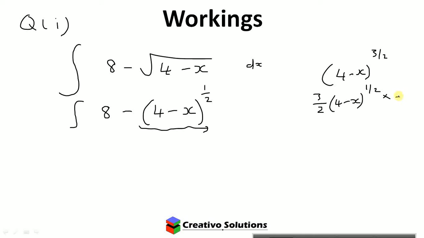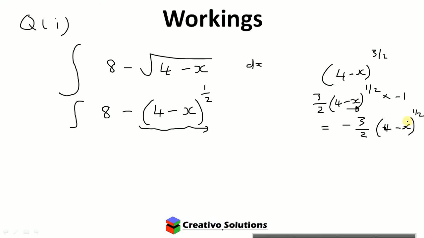Well, in this case, it wouldn't be minus 2, it'll be minus 1, because this is the root of that. So that gives me negative 3 over 2 bracket 4 minus x to the power a half. That's what you've got there, because you're multiplying it out.